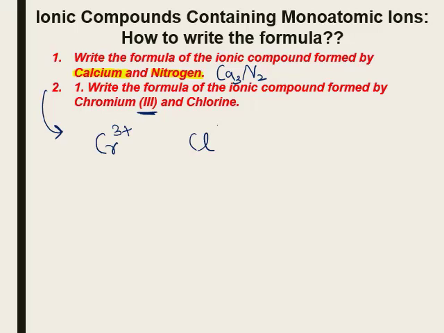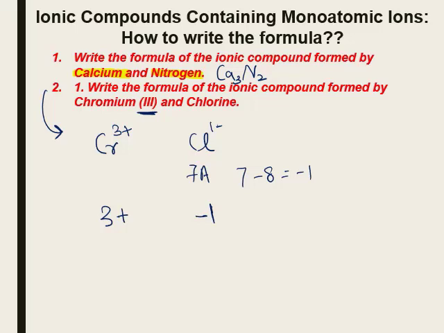Now chlorine belongs to group 7A, so in order to find the charge of chlorine, we need to subtract 8 from 7, so 7 minus 8 is -1, so the charge on chlorine is 1 minus. Now the total positive is 3 and the total negative is -1.